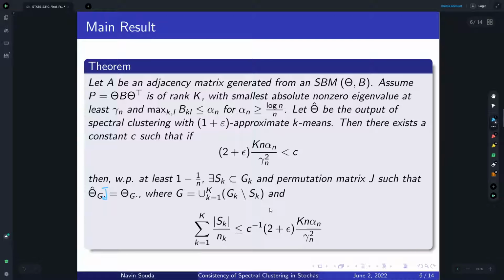And then furthermore, we can control the overall size of these S_k as C inverse times this whole thing.